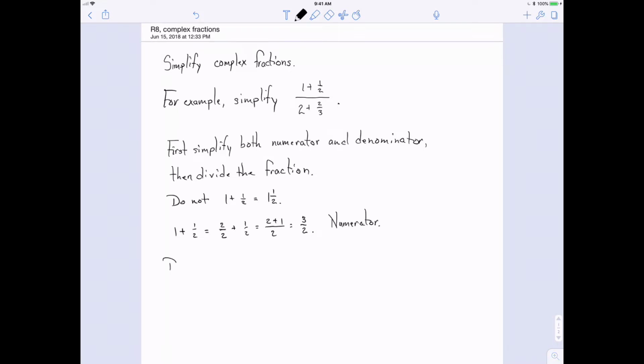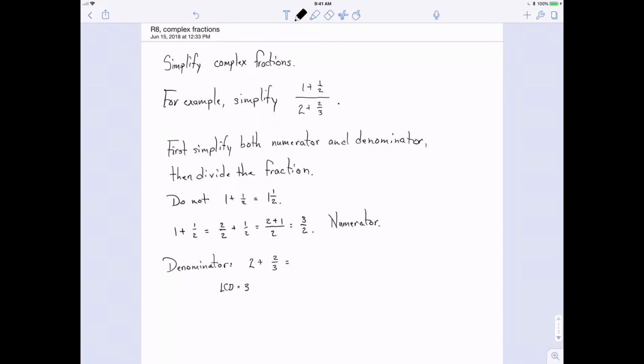And now let's do the same with the denominator. In the denominator we have 2 plus 2/3. Notice our lowest common denominator is going to be 3.